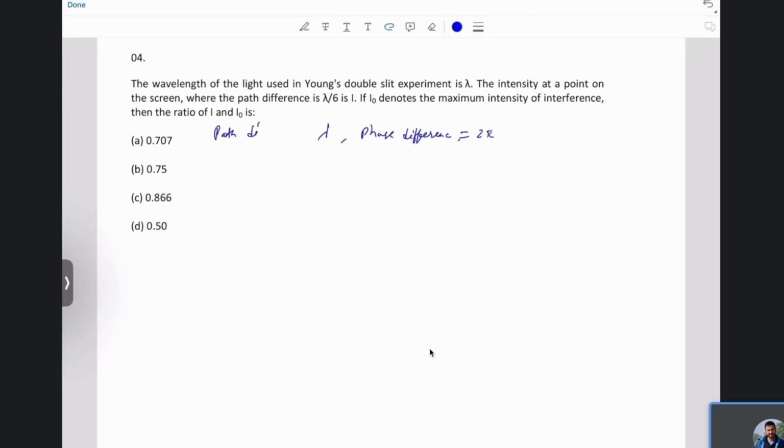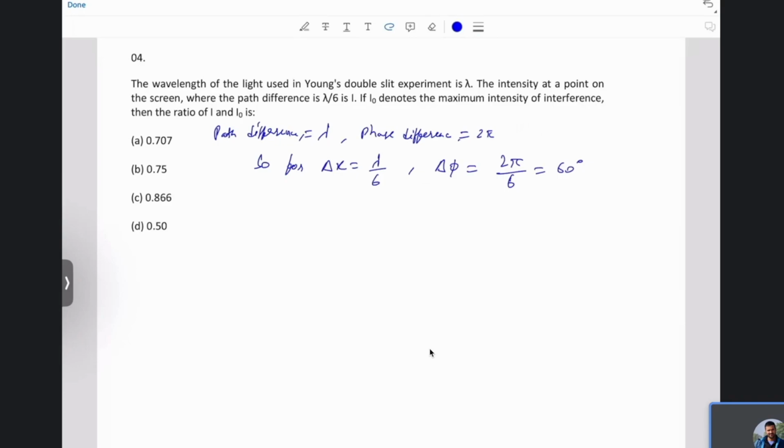So for path difference of lambda by 6, the phase difference delta phi will be 2 pi by 6, which is 60 degrees, correct?